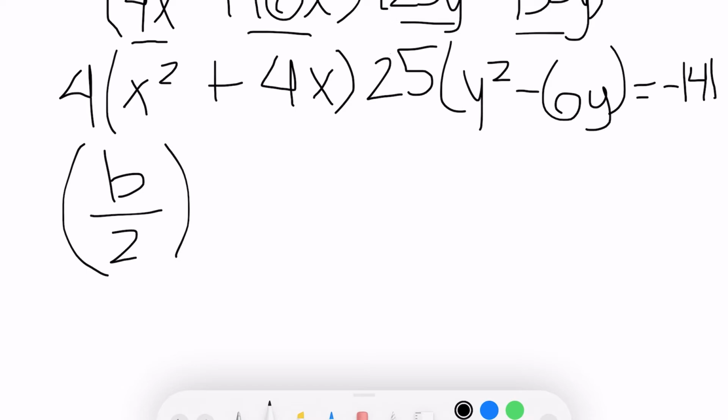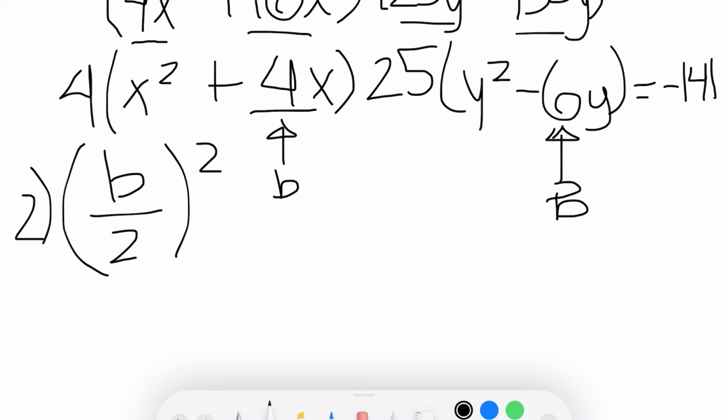The second step is we have to use this formula in order to complete the square, which is b over 2 squared. The b is 4, and the other b is negative 6.